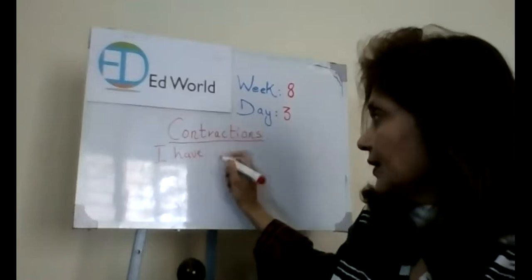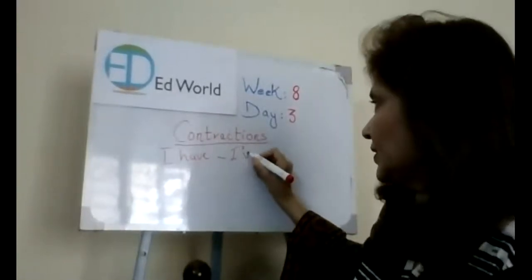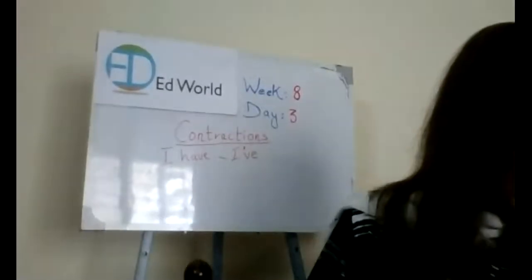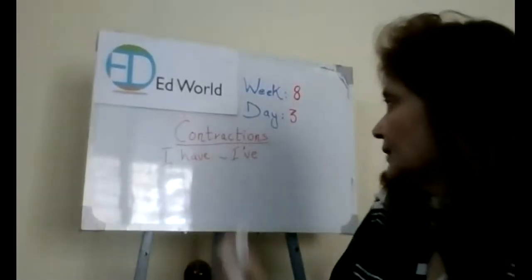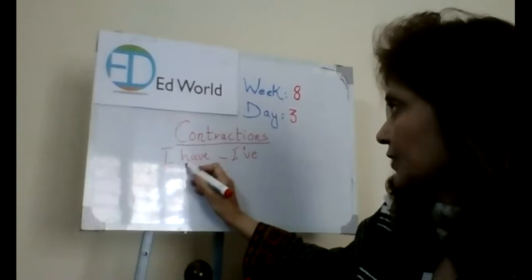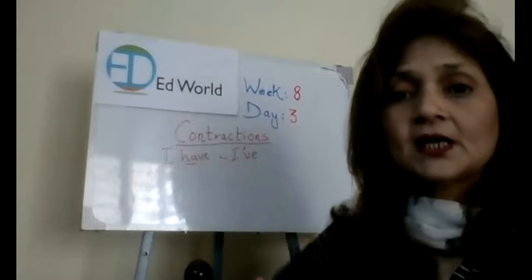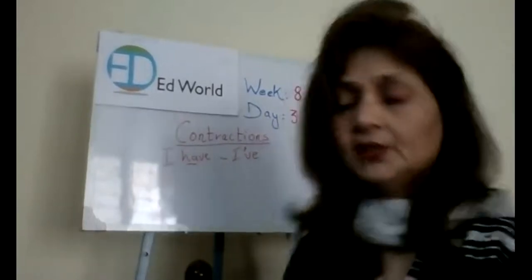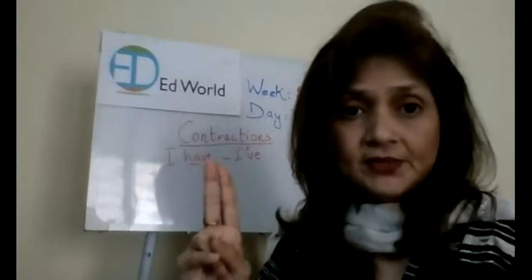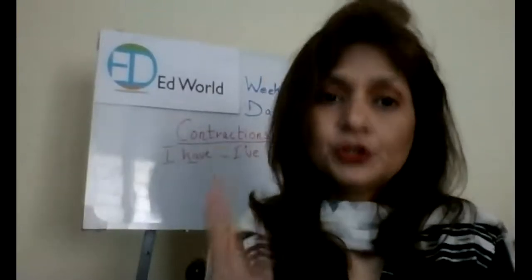Here I will write I, then an apostrophe, and then VE. I have removed H and A and only added VE. So this is how contractions are written. Here we have removed two letters. Sometimes we remove two letters, sometimes only one letter, but most of the time we remove two letters.